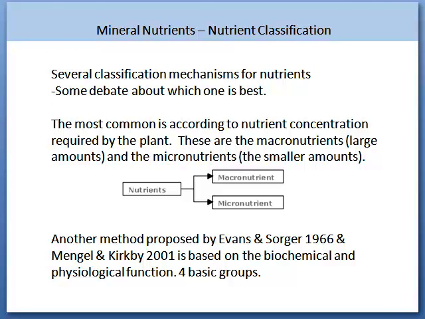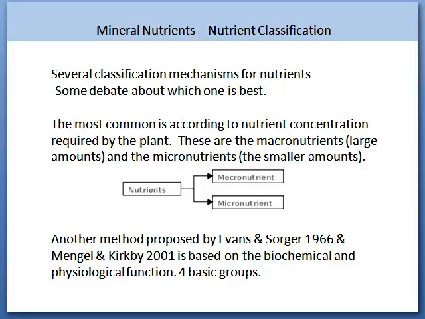There are several classification mechanisms for nutrients, and there is some debate about which one is best. I am going to present 2 of these to you today. The most common is according to the nutrient concentration which is acquired by the plant. These are separated into 2 main groups, the macronutrients and the micronutrients.